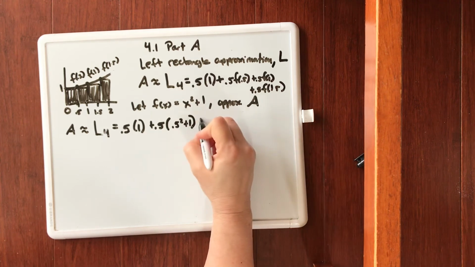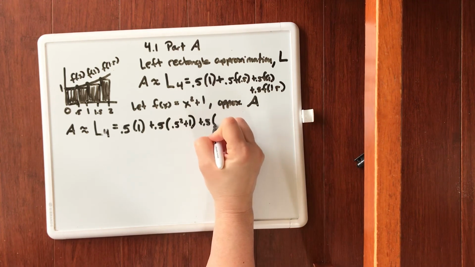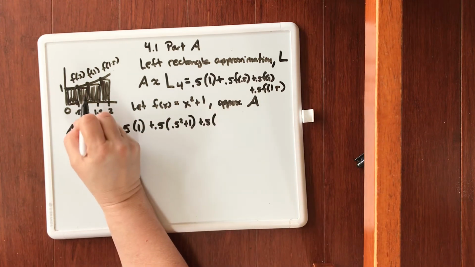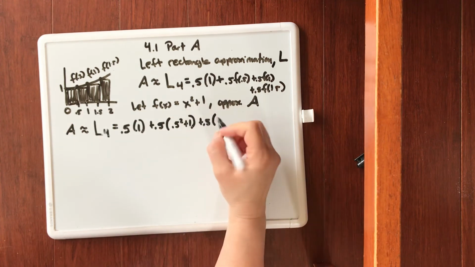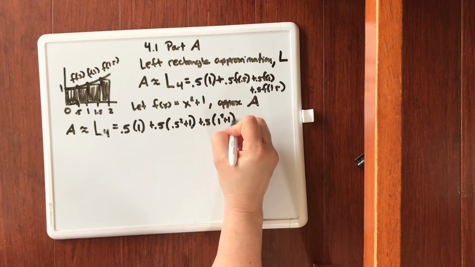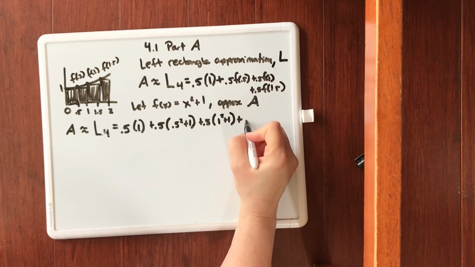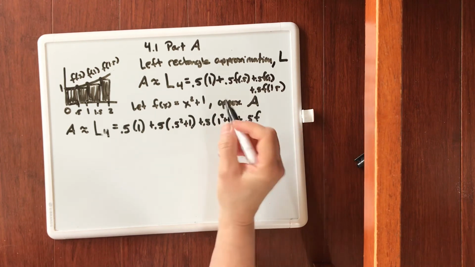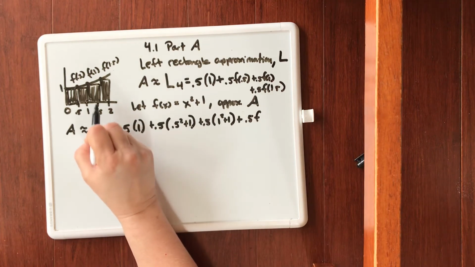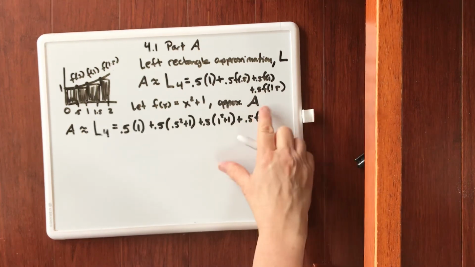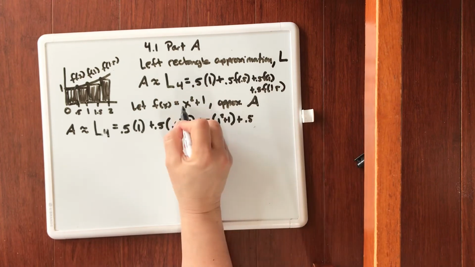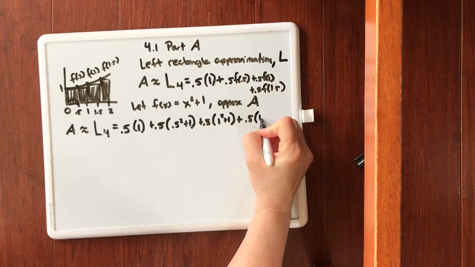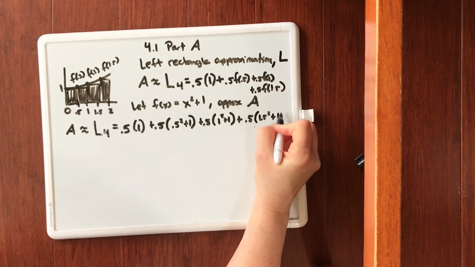All right? Plus 0.5 times f of 1. F of 1, we put a 1 in there. 1 squared plus 1. Plus 0.5 times f of 1.5. So we wouldn't need this f right here. We're going to actually put 1.5 in there. 1.5 squared plus 1.